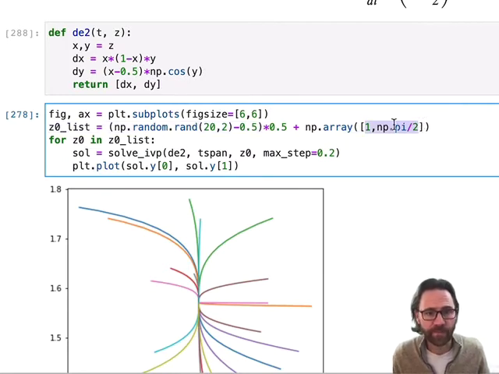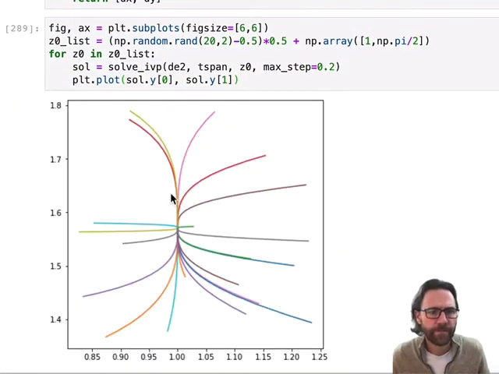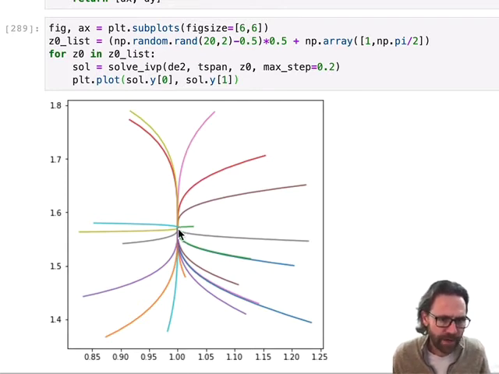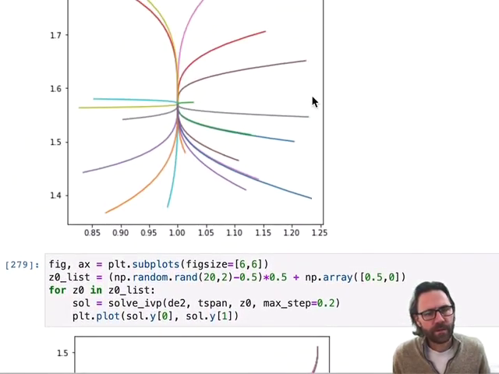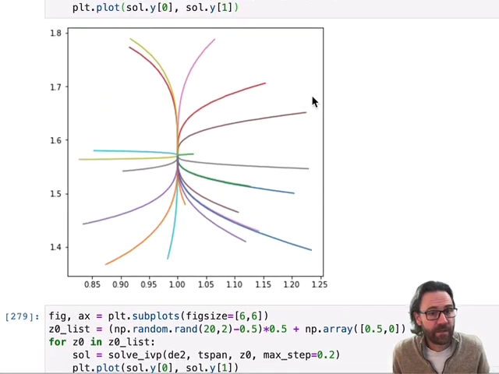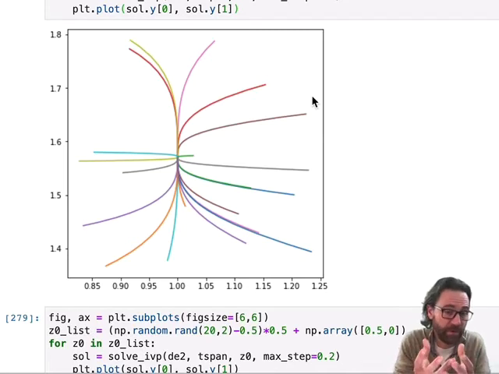So near the equilibrium, a bunch of random initial states. I'm going to solve it and then plot those trajectories. So you can see they're all kind of coming into this point in here, which is at 1 and pi over 2, which is 1.57 something, right? So that actually is evidence that it's converging. I mean, that's evidence that it is an asymptotically stable equilibrium because they're converging to it.